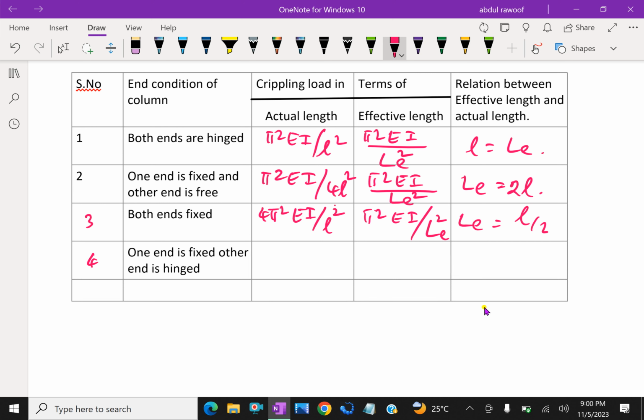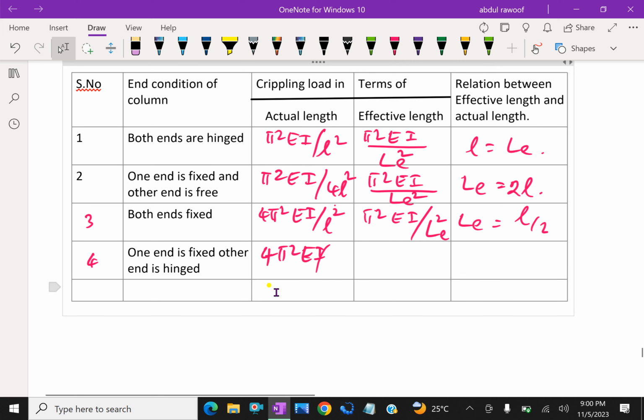Next, here one end is fixed and other end is hinged. Here the crippling load is 2 pi square EI over L square, not 4.